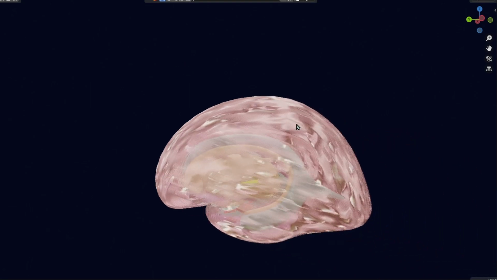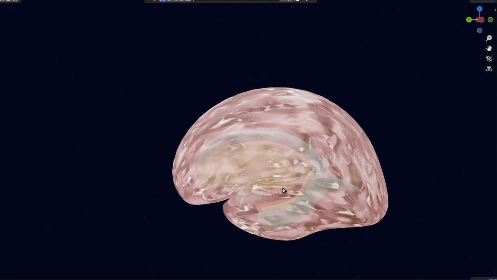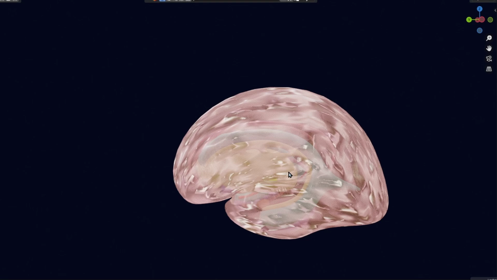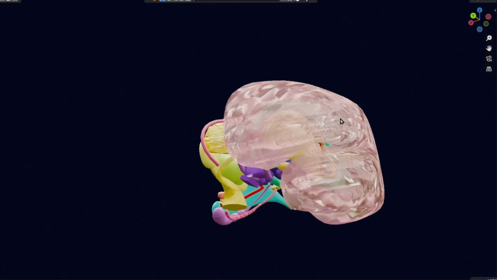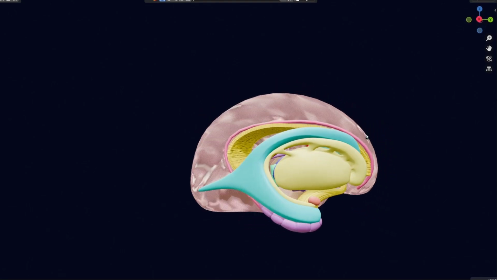There are certain fissures which demarcate different lobes. There is the central sulcus and precentral, postcentral sulcus and postcentral gyrus. All these details you will learn in neuroanatomy.